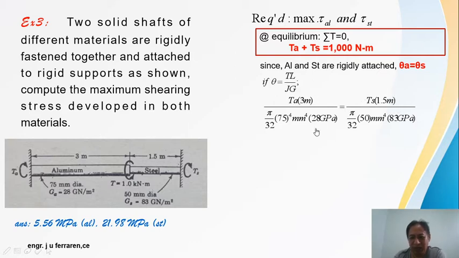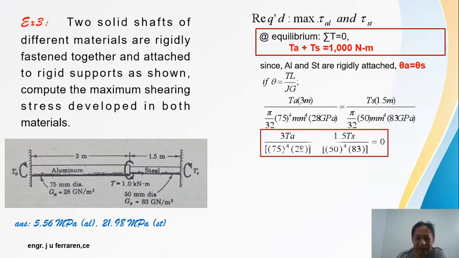So, with this, you can eliminate the common terms. We can remove the giga, and we can remove millimeter to the fourth power. Including the constant, pi over 32, we can cancel it. Now, with that, you can simplify. Instead of solving for the value of TA, we have to form an equation similar in arrangement to the first equation.